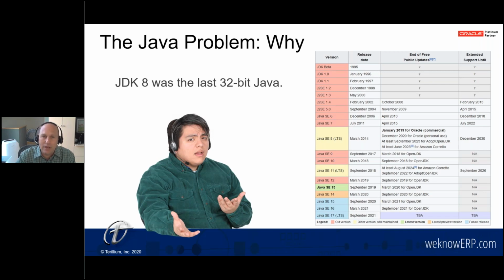Basically, Java JDK 8 was the last one. That is actually off of support as of January 2019. That is one of the reasons why JD Edwards hasn't been able to find a pathway forward with 32-bit, because they need the 64-bit Java in order to run. It's another indication that, since that Java is not being supported, they need to move their tool set forward as well so they can be on supported releases of Java.